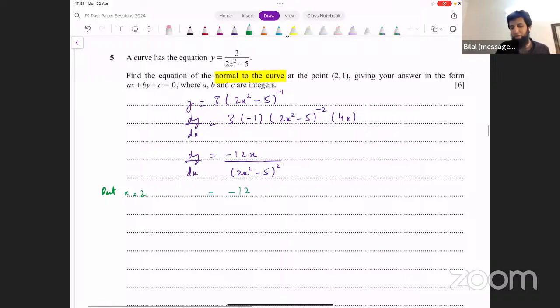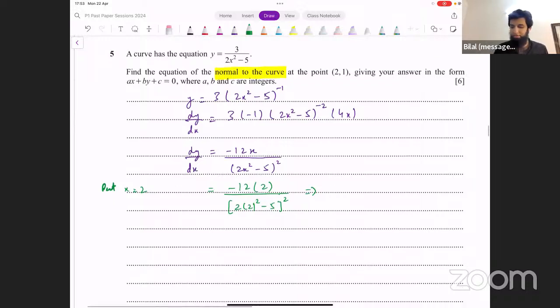When x equals 2, you've got minus 12 into 2 divided by 2 into 2 squared minus 5 whole squared. What do we get from this? What's this result? Minus 8 over 3. Okay, good. Thank you. Minus 8 over 3. This is the gradient of the curve at this point. Okay.